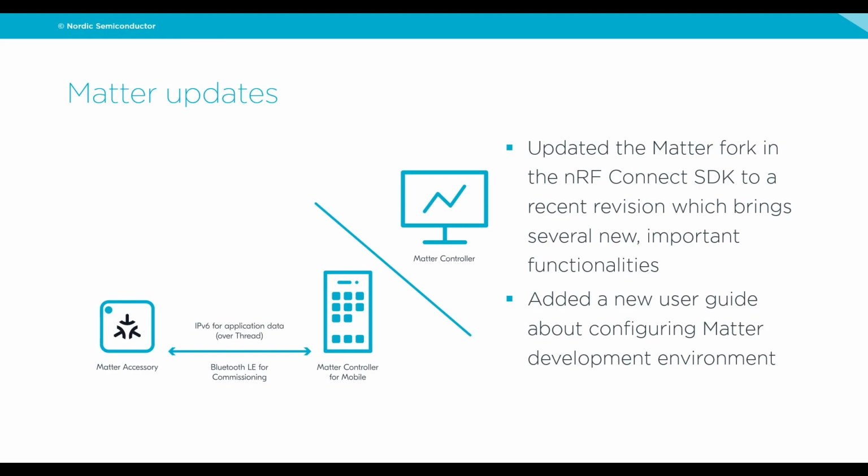This release adds several important functionalities compared to the previous release in nRF Connect SDK 1.5. The persistent storage feature, which allows Matter devices to successfully communicate with each other even after reboot. Support for the OpenThread Service Registration Protocol to enable the discovery of Matter nodes using the DNS-SD protocol.